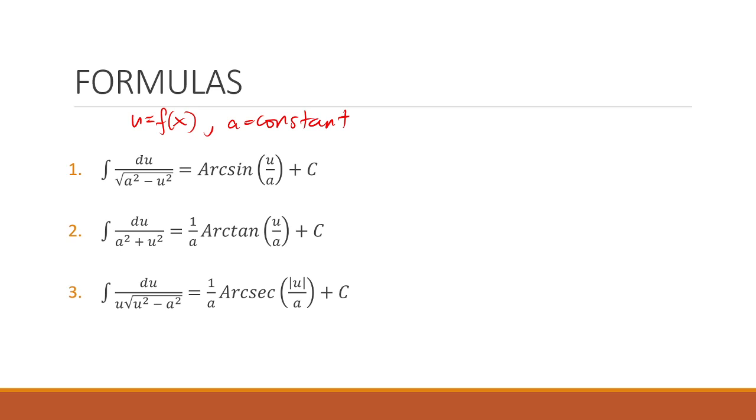Same with arc cotangent, its derivative is negative the derivative of arctangent, and of course same with arc cosecant, its derivative is negative the derivative of arcsecant.